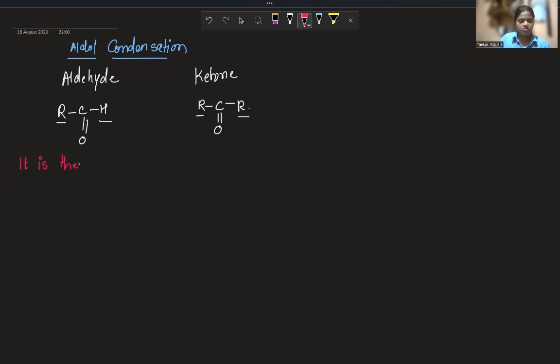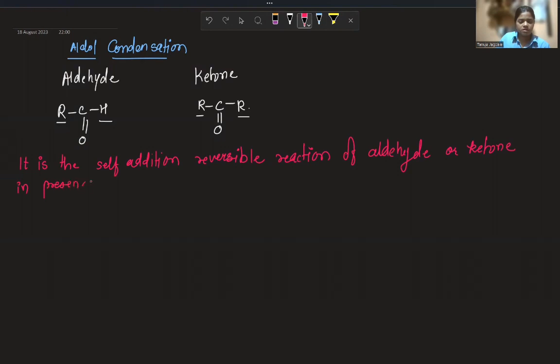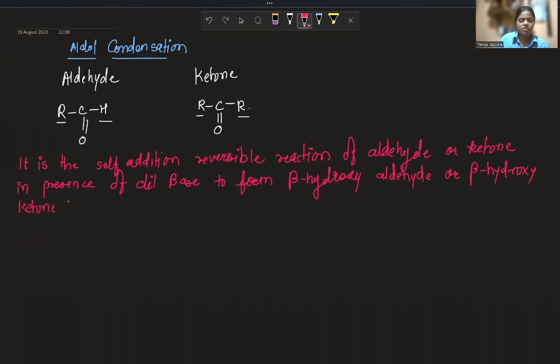It is the self-addition reversible reaction of aldehydes or ketones in the presence of dilute base to form beta hydroxy aldehyde or beta hydroxy ketones.